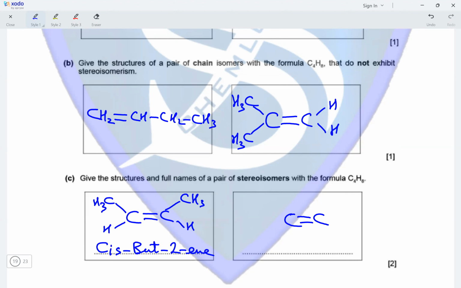And if we have the CH3 on opposite side of the double bond and the hydrogen atoms on opposite side of the double bond, it still stays butene, but it is called trans butene. So cis butene and trans butene. These are the two stereoisomers having the formula C4H8.